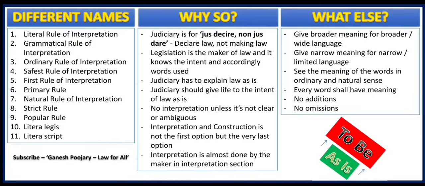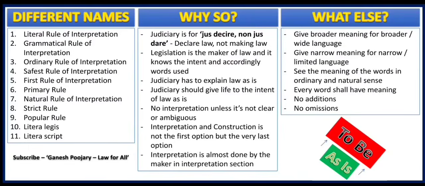When we discussed internal aids of interpretation, we discussed section 2, which is mostly an interpretation section, where the law gives the meaning and definition of those words which are repeatedly used. So interpretation should be done with the help of that section, and unless everything is clear, the court should not get into the business of interpretation or construction. Only when there is confusion, no clarity or ambiguous terms, should the court get into interpretation. Otherwise, it should always be the literal rule of interpretation, which means seeing it as is.